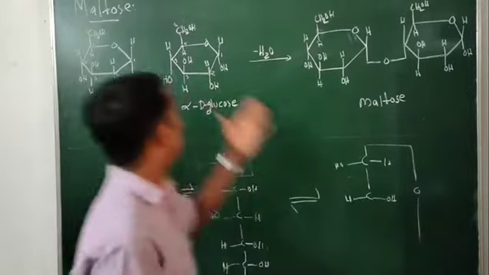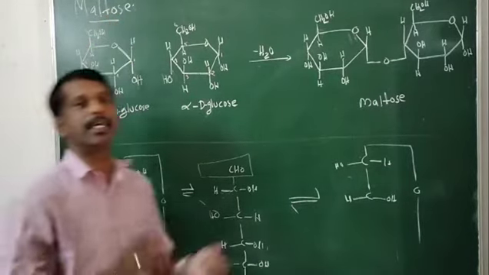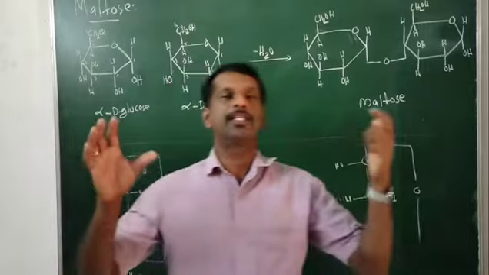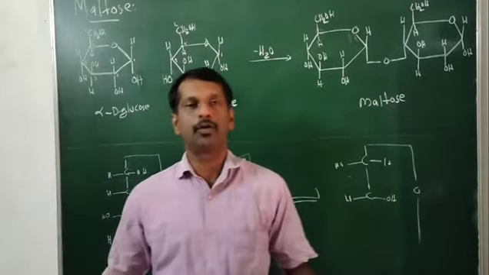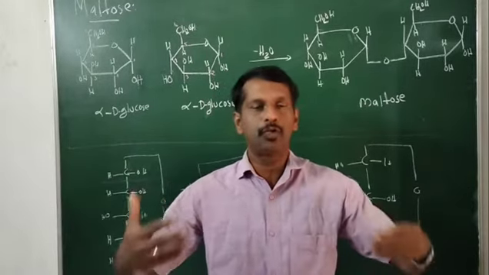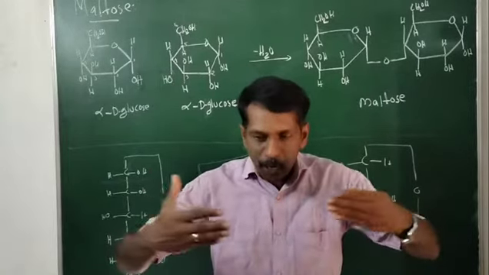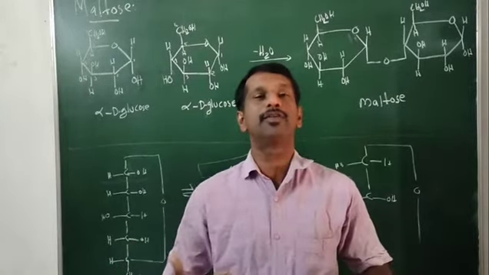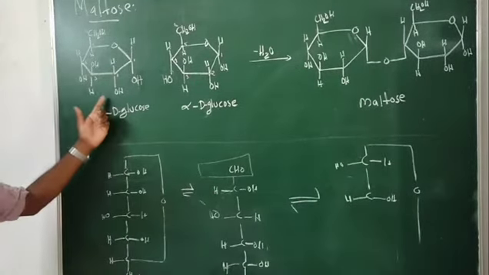The first example is maltose. Maltose is a disaccharide obtained from starch, and in maltose, two alpha D glucose units are joined together by means of glycosidic linkage. Look at the pyranose structure of alpha D glucose.